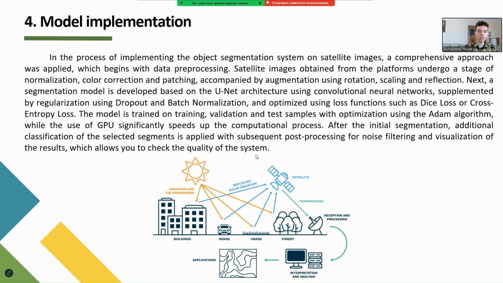Next, a segmentation model is developed based on the UNet architecture using convolutional neural networks, supplemented by regularization using dropout and batch normalization, and optimized using loss functions such as dice loss or cross entropy loss.